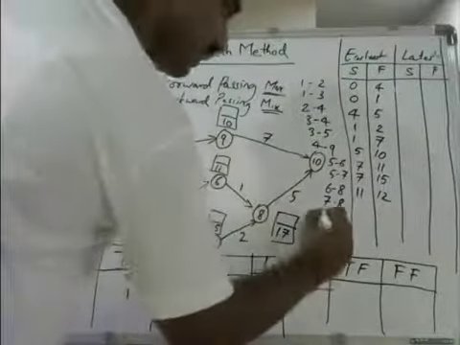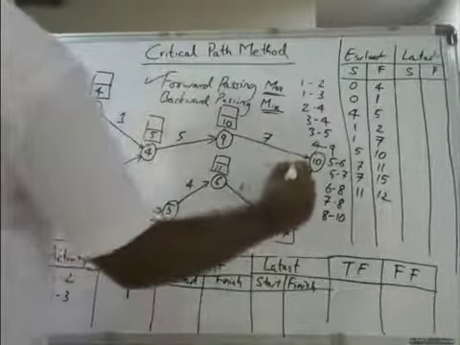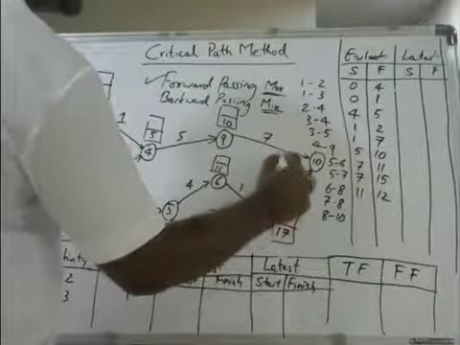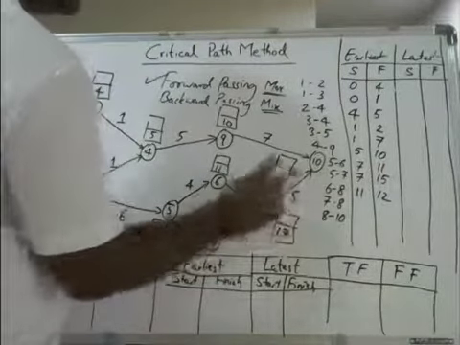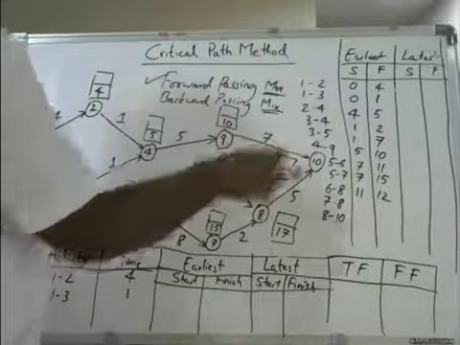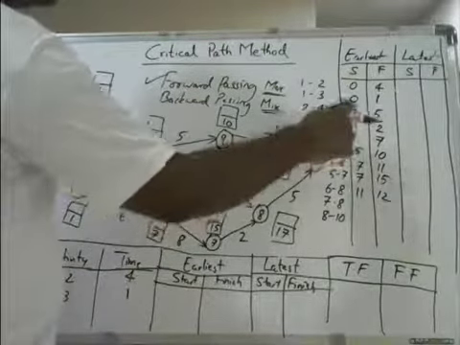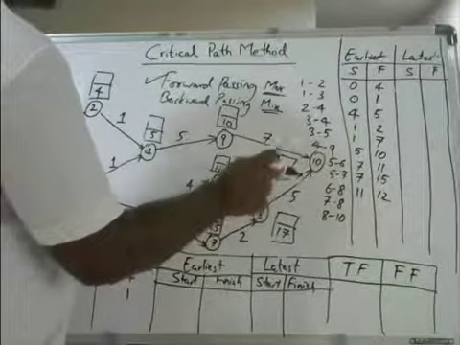Then 8 to 10. From 8 to 10, I will put this box here. Okay, 10 box. You can put it outside. I don't have space here, that's why I'm writing inside. You can put it outside somewhere. So 17 plus 5, I will get 22.